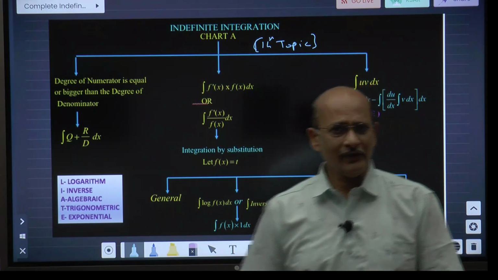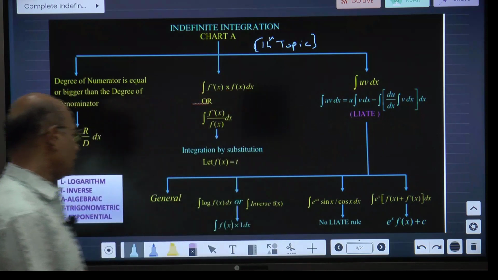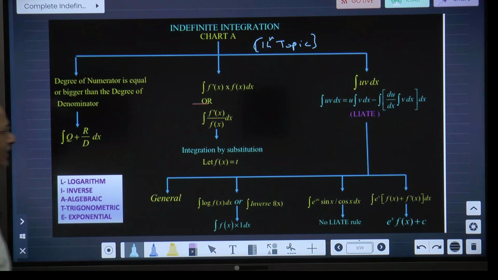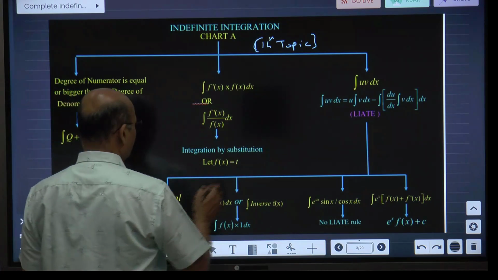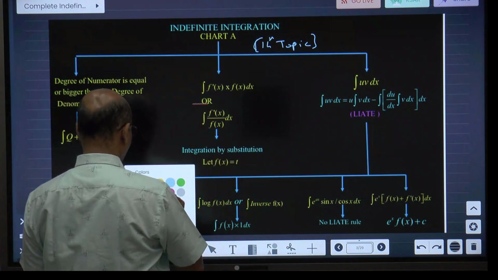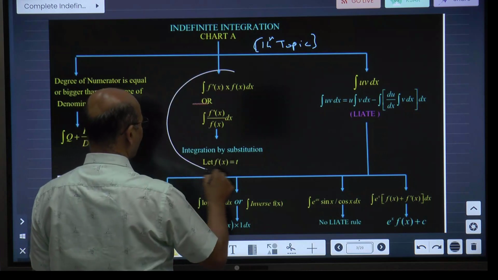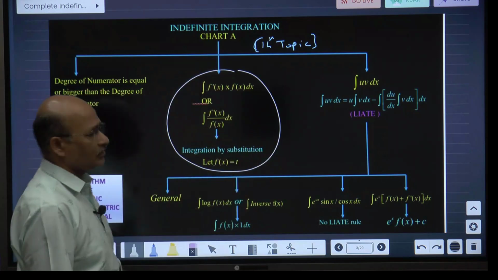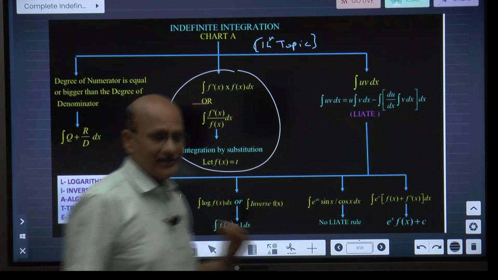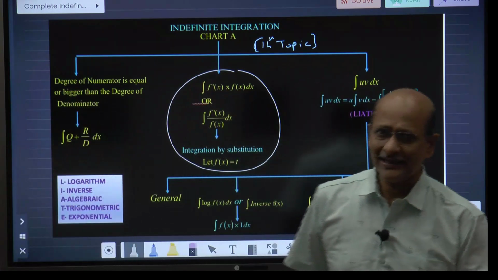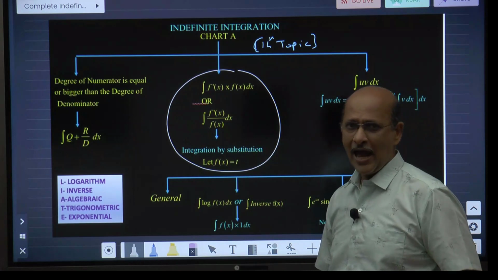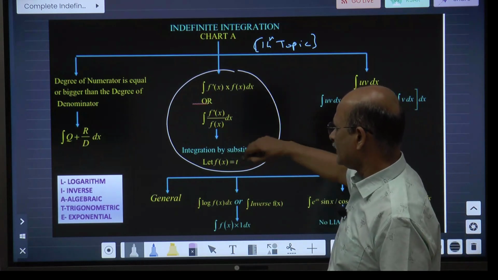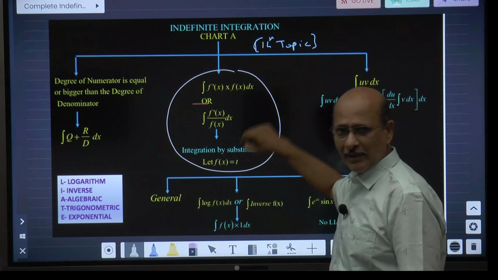So let us begin with the first type of pattern of sums, which is the substitution technique. Now look at this particular pattern, substitution technique. Which exercise is dedicated to this? The dedicated exercises are 14A and 14B, which are completely dedicated to integration by substitution.